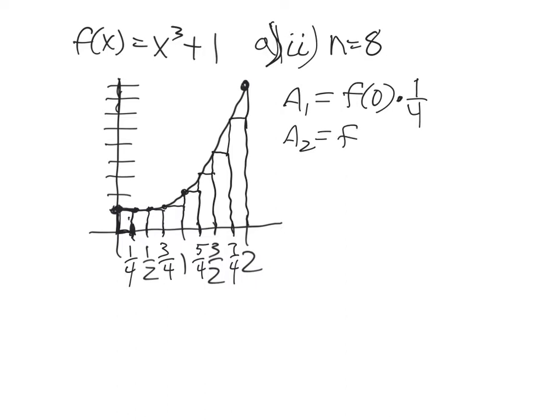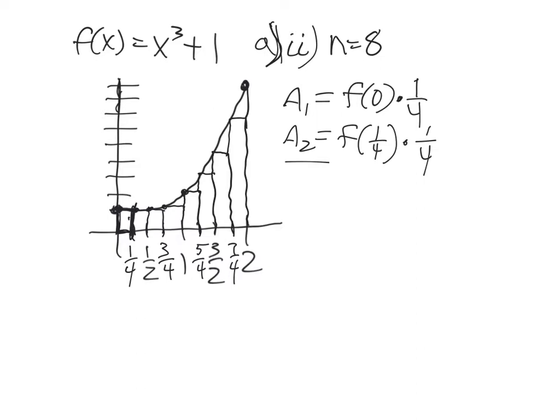Second rectangle, well, the length will be the function value at 1/4 this time. And again, times the width of 1/4. So again, we're just using area of a rectangle, length times width, but we're using the function values to create the length and making the widths equal each time. So you can kind of see the pattern that's happening here.